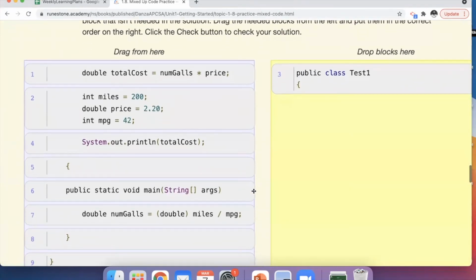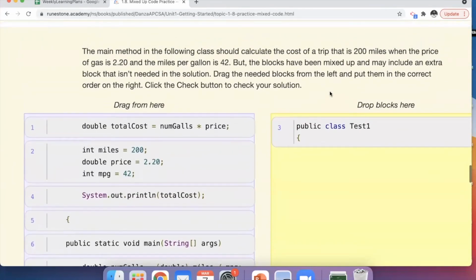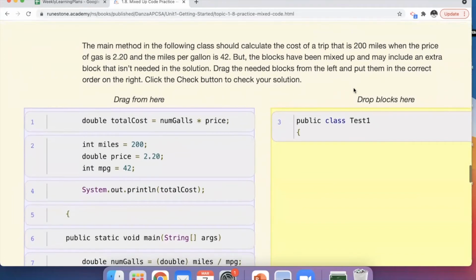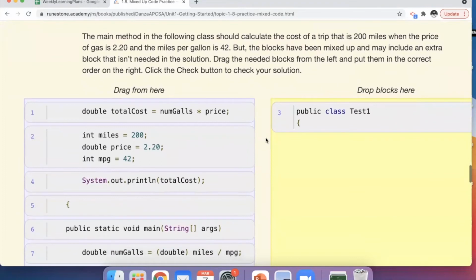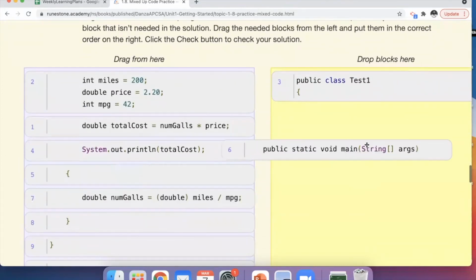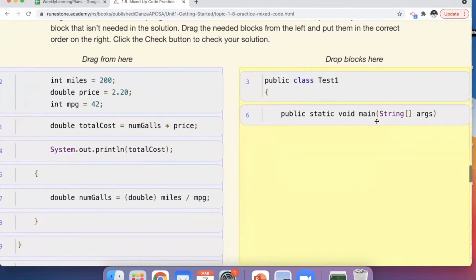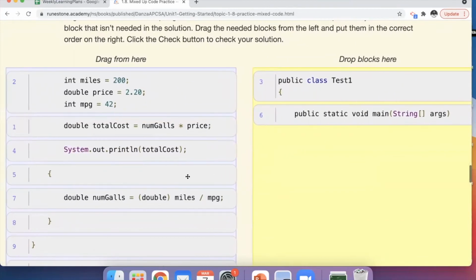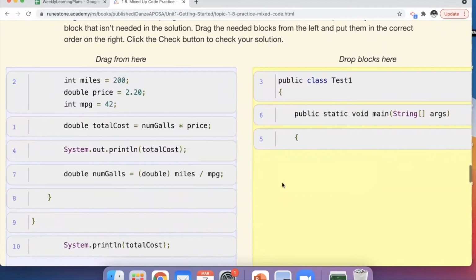All right. Public class Test1. So once again, the cost of the trip: that's 200 miles, the price per gallon of gas is $2.20, and the miles per gallon is 40. So we want to have our main method here. Let's go ahead and open it with our curly braces.